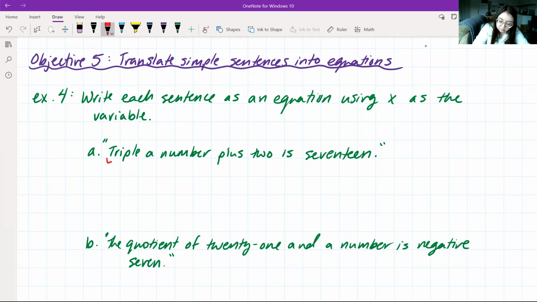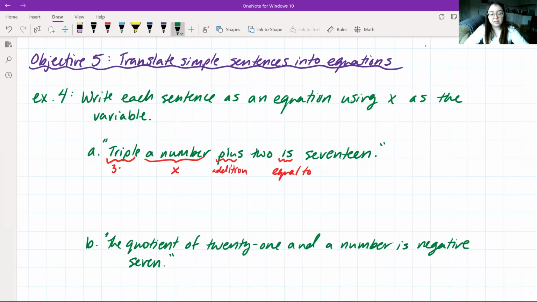Triple just means 3 times. So 3 times something, that something being a number, which is x. So we have 3 times x plus 2. This is telling us addition. Plus 2 is, and remember that is tells us that it's equal to 17.